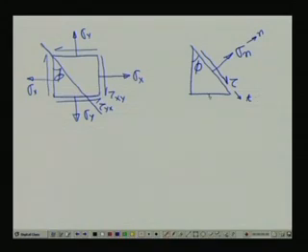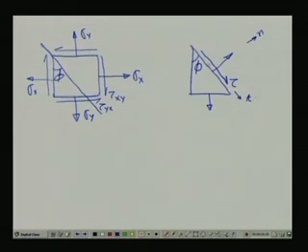So this is the sigma y direction. Now without drawing any other figure, let us write down the force values onto the plane directly.